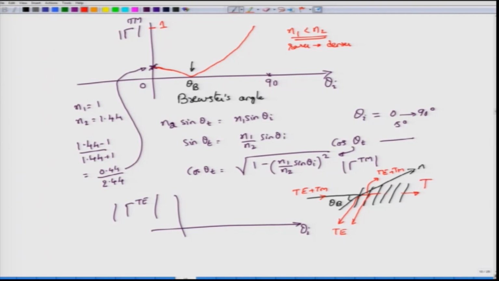At the output, the entire TM component of the incident wave has been transmitted, and very nearly all of the TE waves, because they have undergone many reflections, would be reflected. So, what you have actually managed is to create polarized light by just using a pile of plates and orienting your unpolarized light at what we call theta b, the Brewster angle.